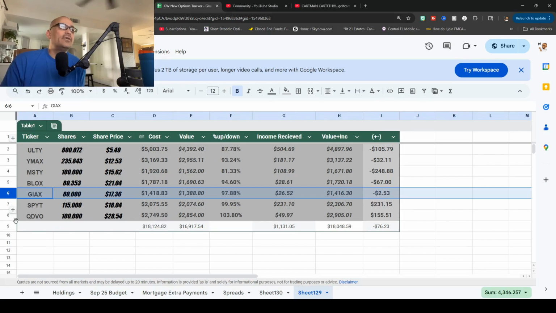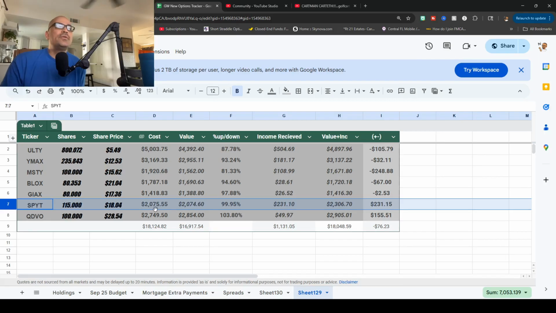Now the next two I've owned the longest. We'll go with SPYT. We have 115 shares. Cost basis $2,075. Current value $2,074. So we're basically flat there. We received $231.10, and value plus income is $2,306.70. So we're up $231.15.